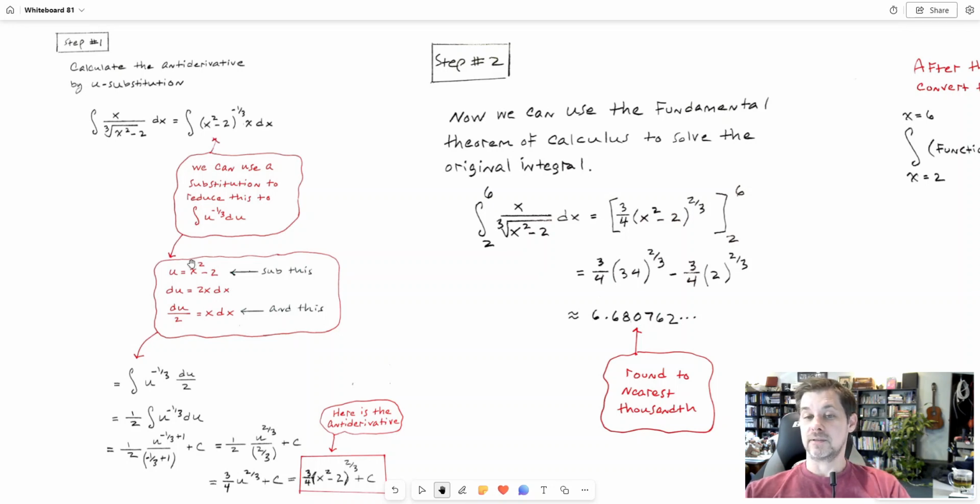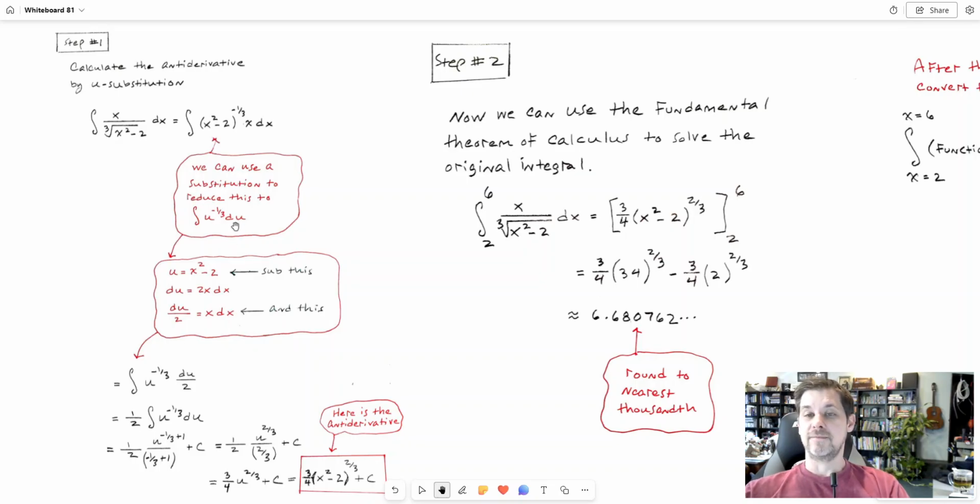The goal is to substitute the x away and get u instead. If that said 2x dx, then I would substitute du, but that's not what it says. So I treat this like an algebraic equation. I divide both sides by 2, and I get that x dx, which is what I have there, is du over 2. So it's between these that I can fully substitute away the x.